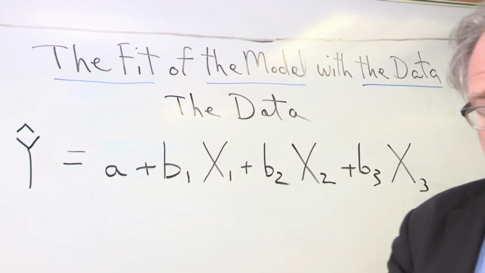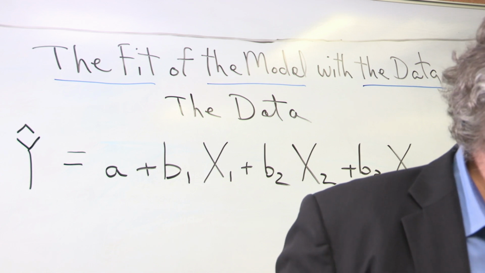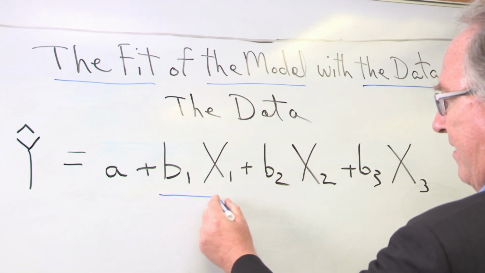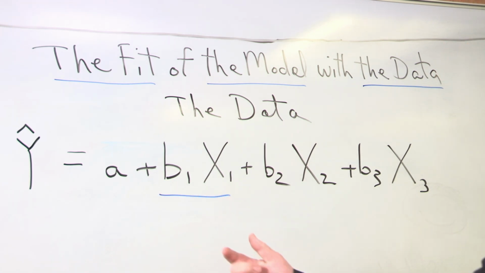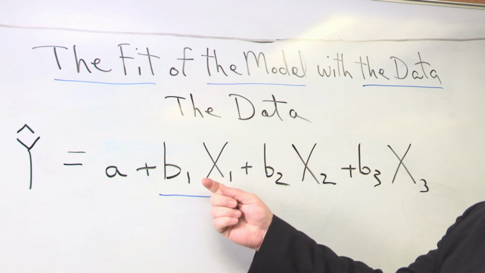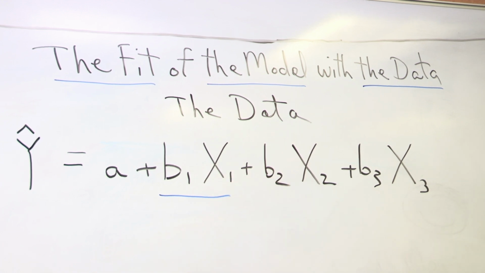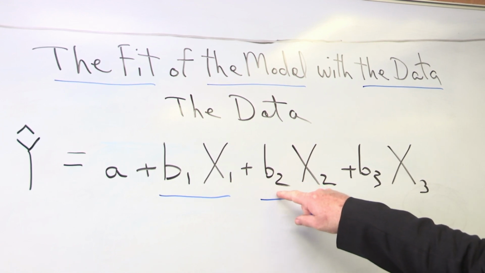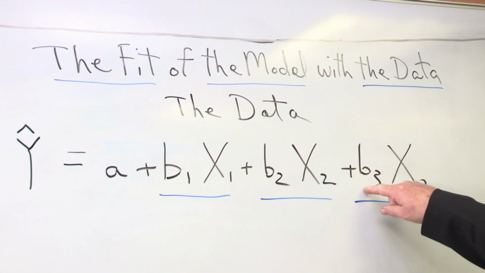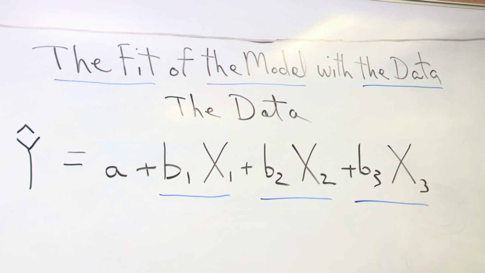And let's go ahead and make this a little bit easier to appreciate. So here we have our first unstandardized regression coefficient value for our first predictor variable, and then our second unstandardized regression coefficient value for our second predictor variable, and our third unstandardized regression coefficient value for our third predictor variable.